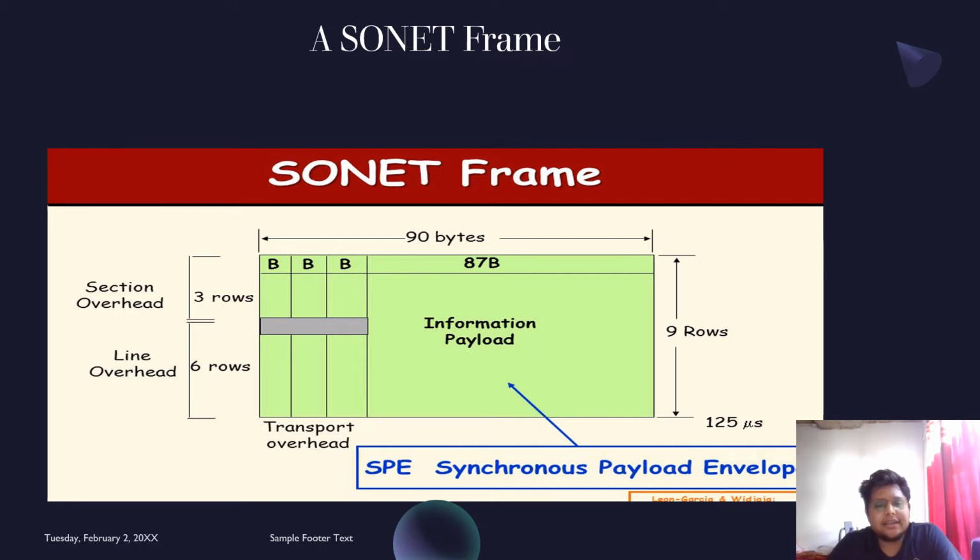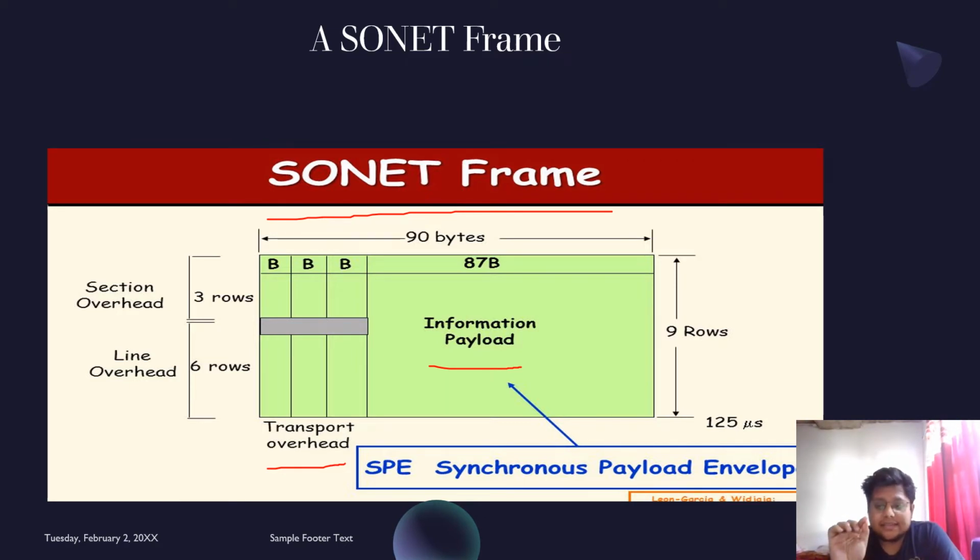If we take a cursor here, we see this is the information payload and this is the transport overhead. These two are the basic sections of any SONET frame. As we can see, an entire row is shown to be 90 bytes. The first three bytes are reserved for the transport overhead and the other 87 bytes are reserved for the information payload.